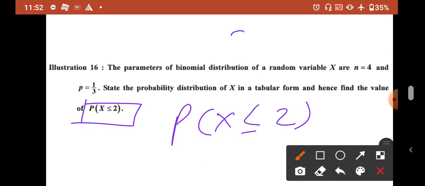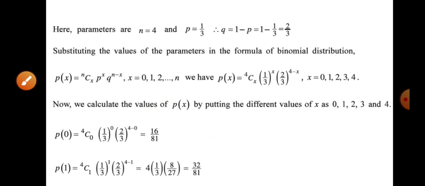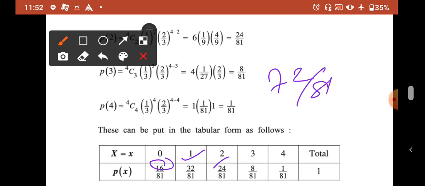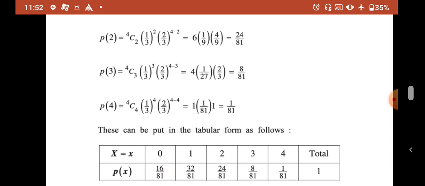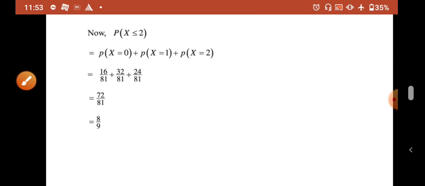What does it mean? It means 0, 1 and 2, we need their total. So we have the table: 16 plus 32 is 48, plus 24 is 72, by 81. So here we have the answer 72 by 81. Okay, so this is the answer, 8 by 9, or you can convert it into decimal also. So hopefully this illustration is clear to you.